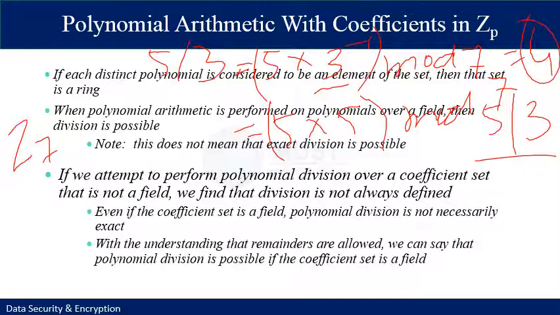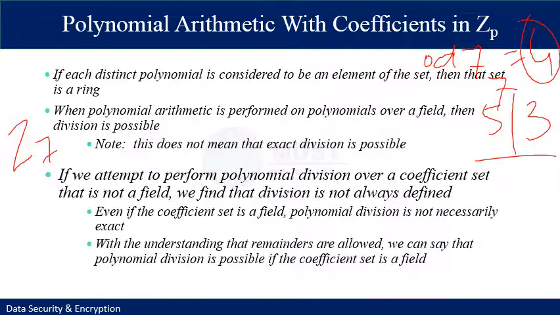Finally, suppose that S is the set of integers, which is a ring but not a field. Then 5 divided by 3 produces a quotient of 1 and a remainder of 2. So let's do it the other way. What are the possible answers?